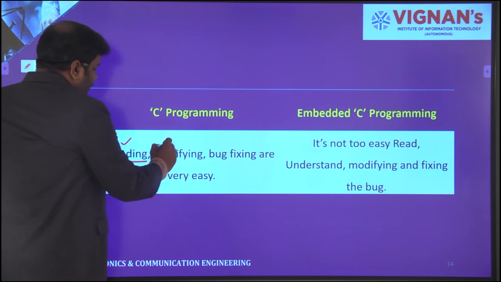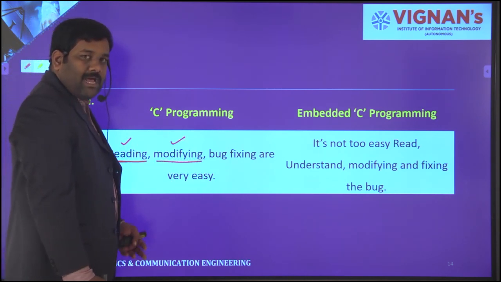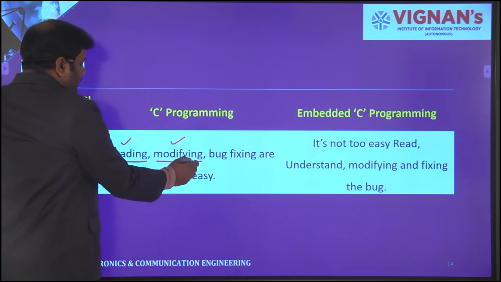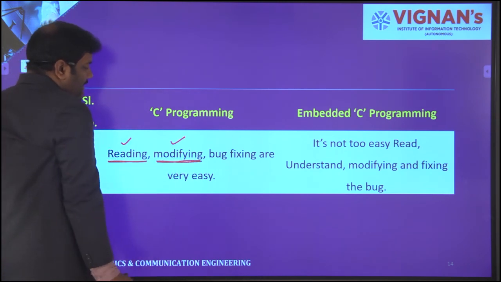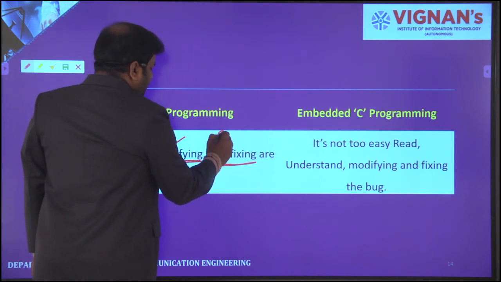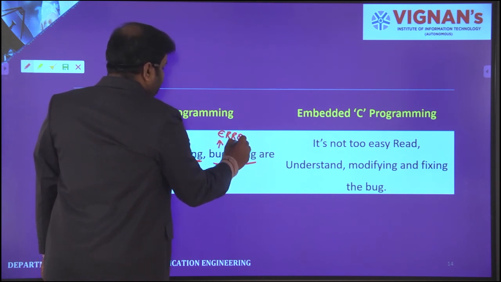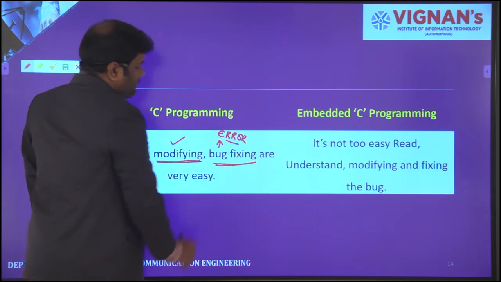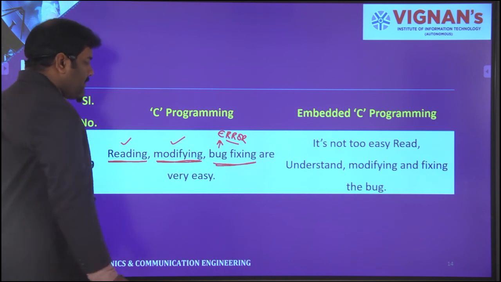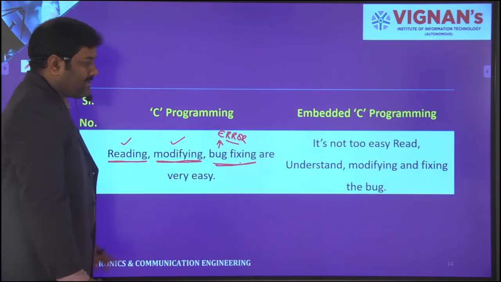Once you understand, you can modify any statement depending on your requirement. Once you know how to modify, you can fix the bug. A bug is not exactly an error, but it is one type of error. Where the error lies, that is bug fixing. So you can fix the bug very easily wherever it is.